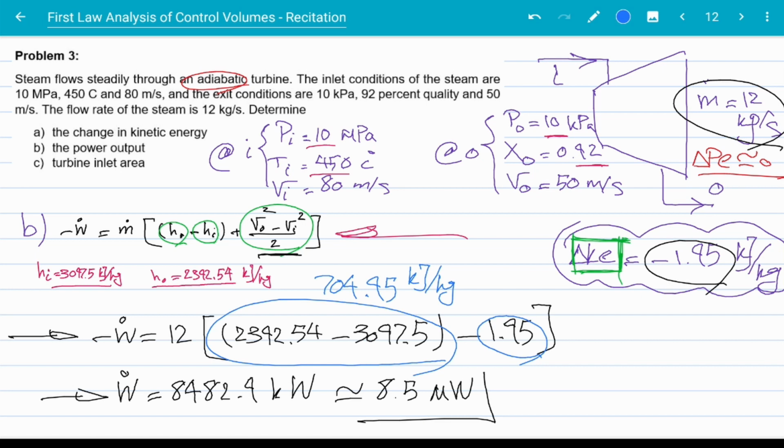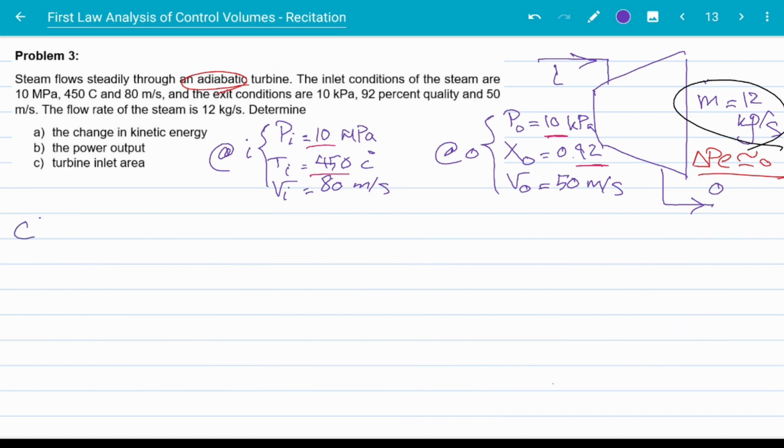Now, as you can see, the change of kinetic energy can be neglected when compared to the change of the enthalpy of the steam. Basically, the power that the turbine produces is not from the change of kinetic energy of the flow, but rather the change of enthalpy of the flow. Neglecting kinetic energy is a valid assumption when dealing with steam turbines.